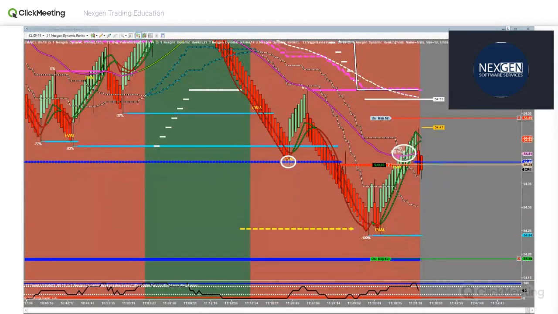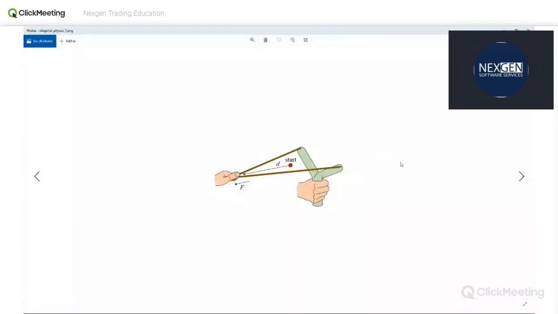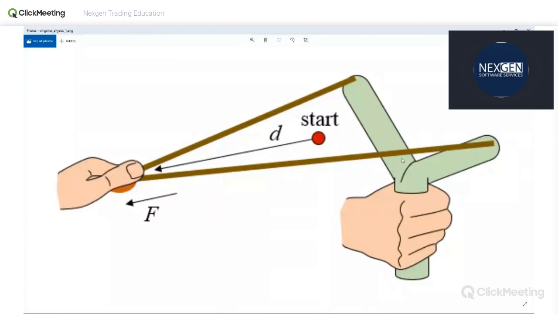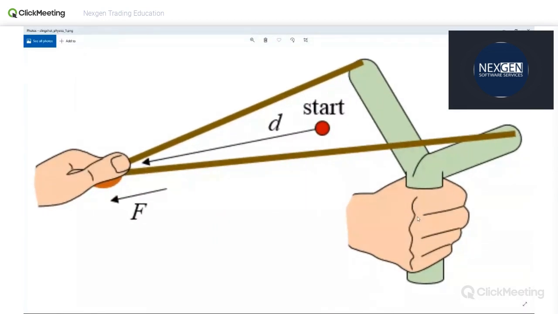Trying to find a picture for you. Look, think of a picture of a gap like this, Milby. The gap is your slingshot. The market is trying to pull away from triggers that are trying to go the other way, creating a tension.